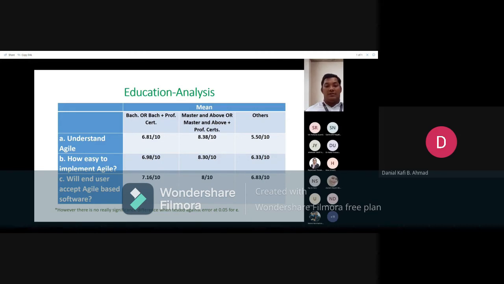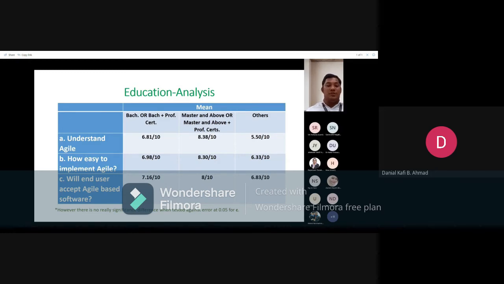But on whether end users will accept agile software, it is not significant, so they have the same levels. We are not really sure about the reasons for this situation. There could be something like they have to think about other people, so they don't know, things like that.